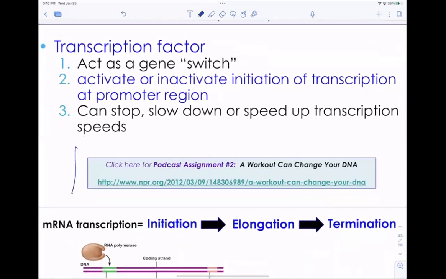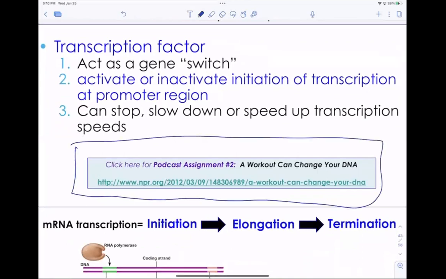Now, this podcast that we listened to in the last lecture talked about transcription factors and methylation. These switch on transcribing of proteins. So these methylations are what initiate RNA polymerase to start forming a messenger RNA to then go out and build a protein.